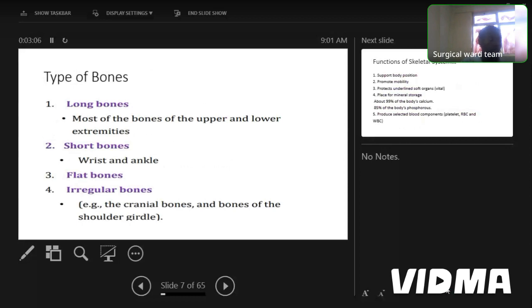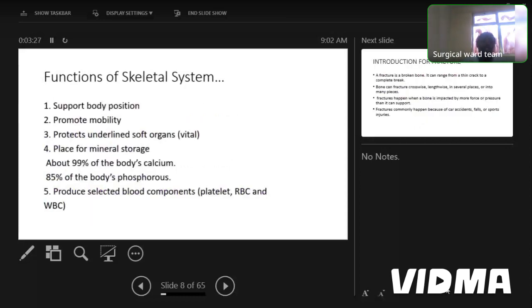Flat bone, like the sternum, is one example. And the fourth is irregular bone. All intracranial bones are irregular bones, and also the bones of our shoulder.